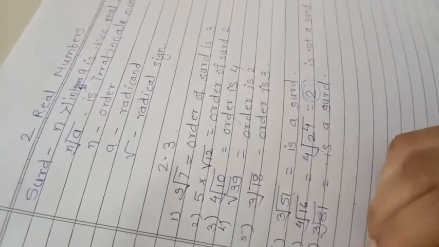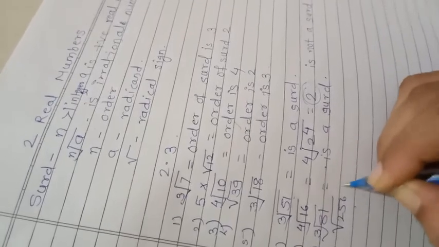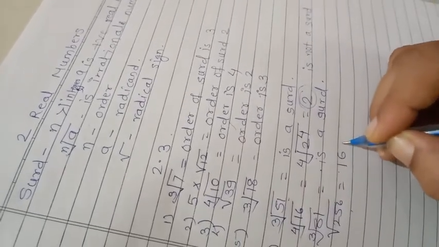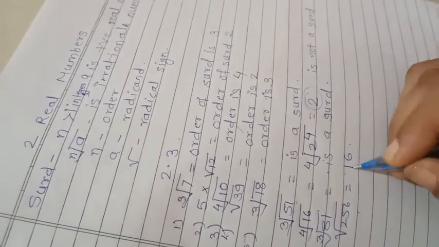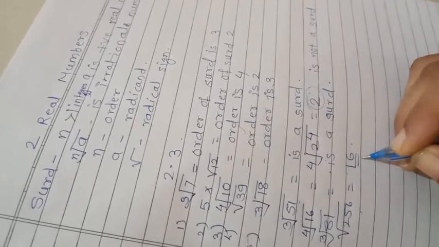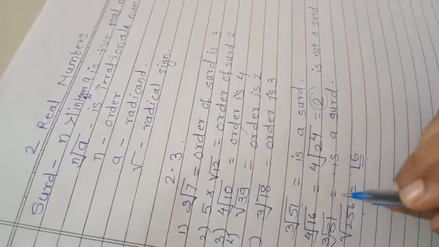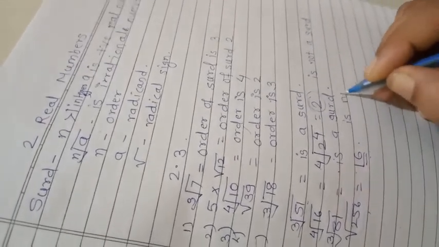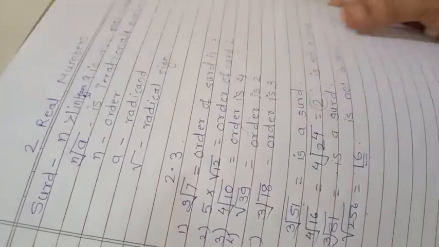In the 4th example, square root of 256, we can write this as 16, and 16 is not an irrational number, it is a rational number and therefore this is not a surd.